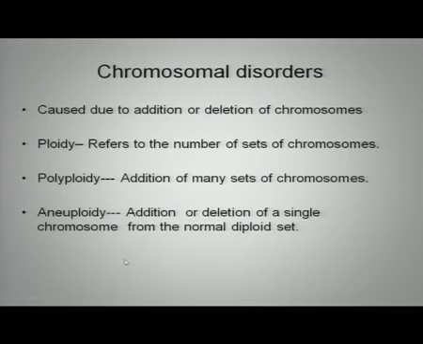That we can represent as 2n plus 1. If one chromosome is deleted, we will write it as 2n minus 1. So, both are conditions of aneuploidy, where there is addition of an individual chromosome or deletion of an individual chromosome from the normal diploid set.